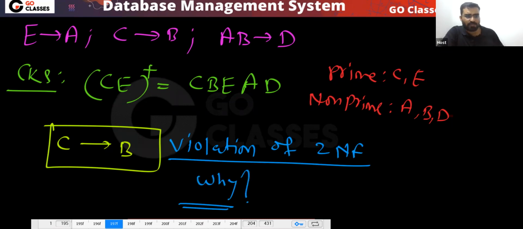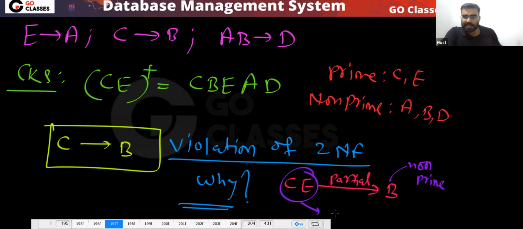Tell me why this is the violation of 2NF. This is a violation because C partially determines B. And you can notice this is non-prime, and this is the candidate key.